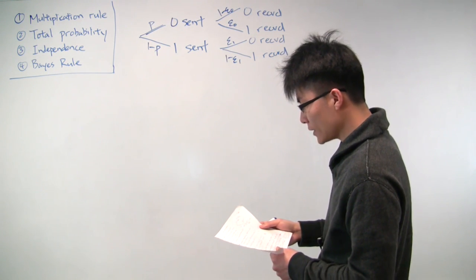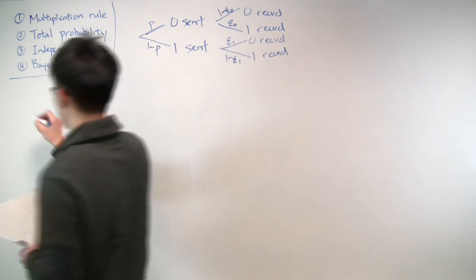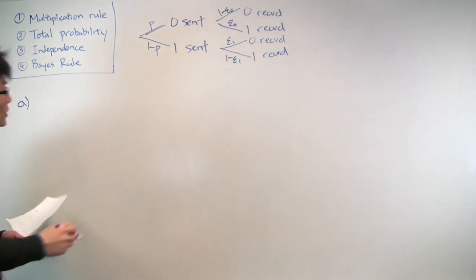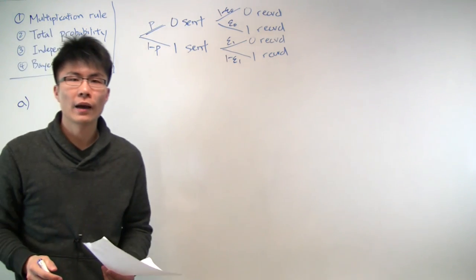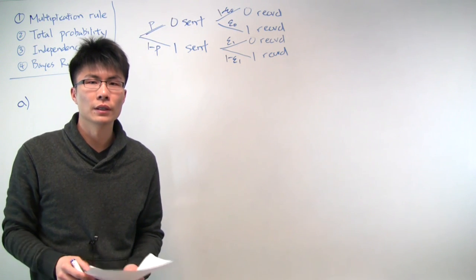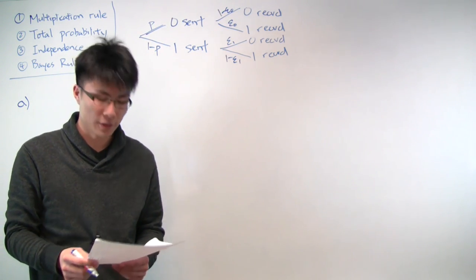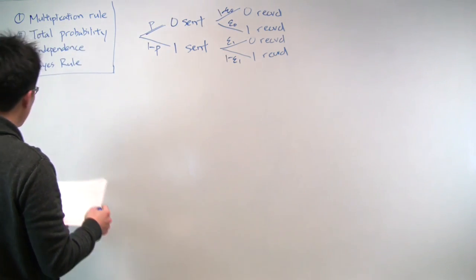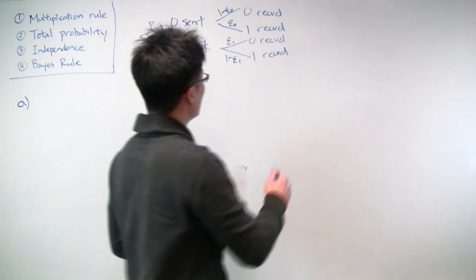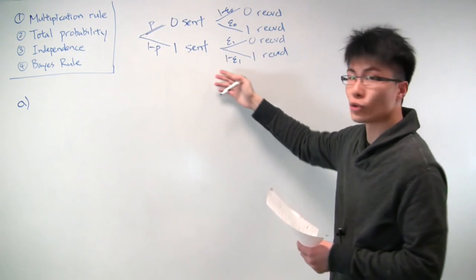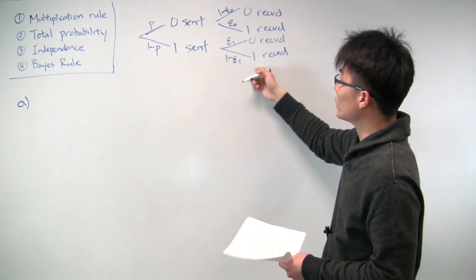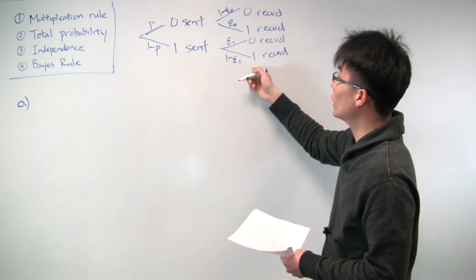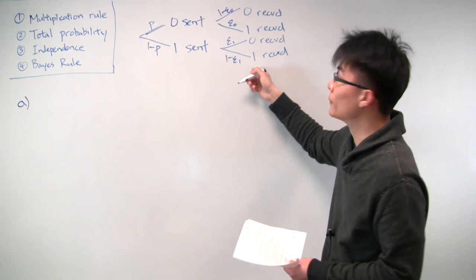And the first part that the problem asks us to find is what is the probability of a successful transmission when you have just any arbitrary bit that's being sent. Okay, so what we can do here is use this tree that we've already drawn and identify the cases, the outcomes where a bit is actually successfully transmitted.